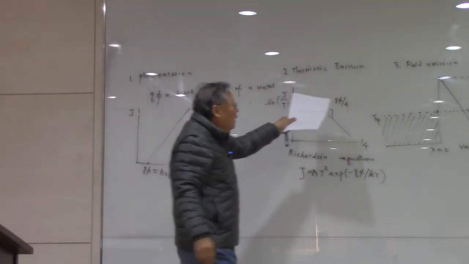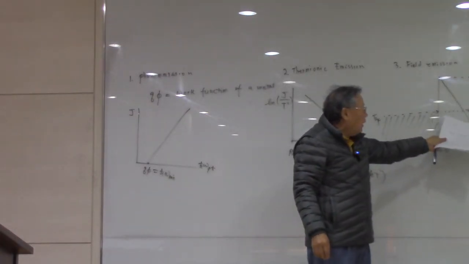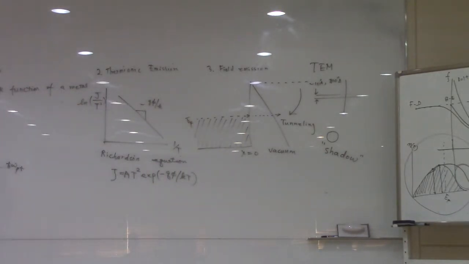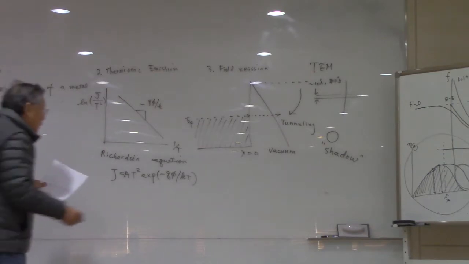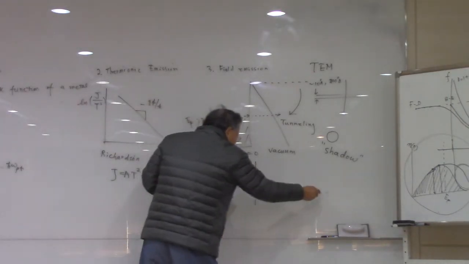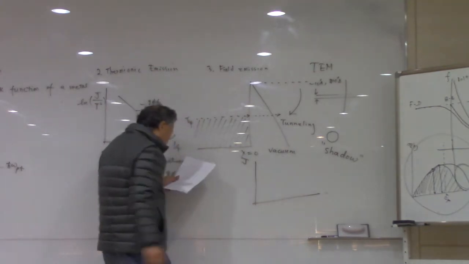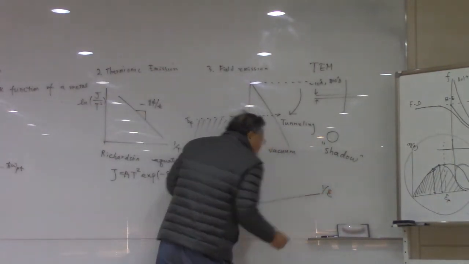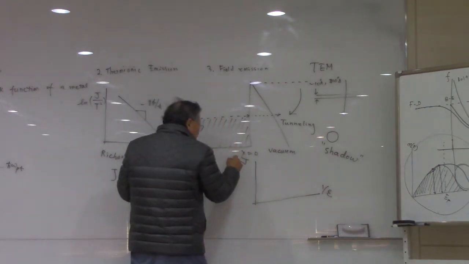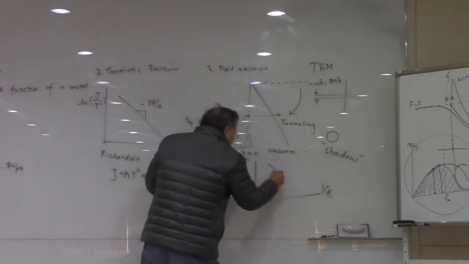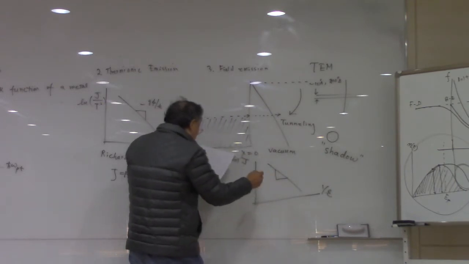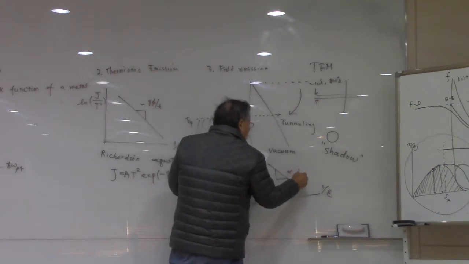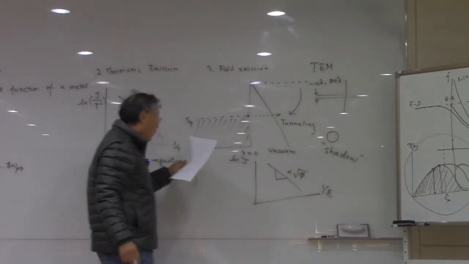Anyway, so with the field emission, we are going to have a tunneling probability, and then we can plot the current coming out against the electric field. Then, taking the reciprocal of the electric field, you take a log of this, and then the slope is proportional to phi, the work function.